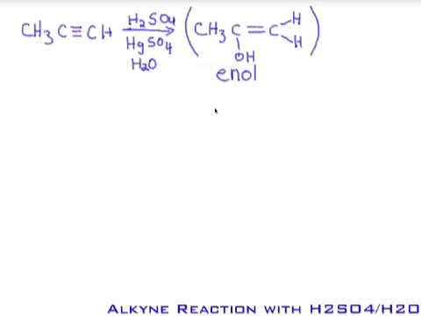Now, enols undergo a process called tautomerization. Tautomerization is a process in which you move a pi bond and one or more hydrogens.